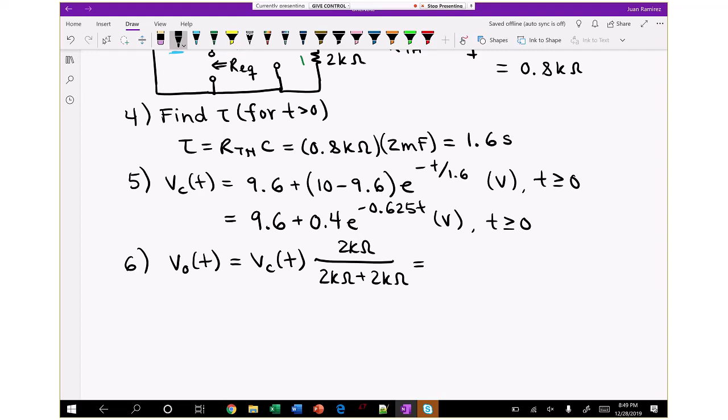So 2 divided by 4 is just half. So you're multiplying 0.5 by the Vc of t function. And when you do that, you end up with 4.8 plus 0.2 e to the negative 0.625 t. That's in volts for time greater than 0.